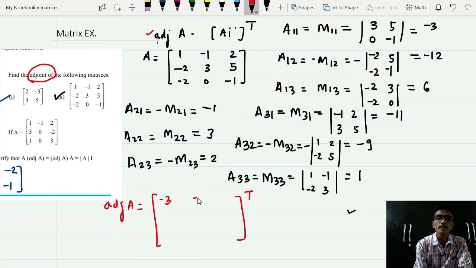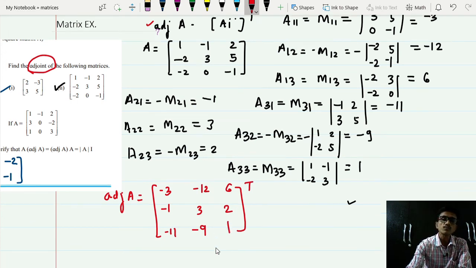A12 is -12. A13 is 6. A21 is -1. A22 is 3. A23 is 2. A31 is -11. A32 is -9, and A33 is 1.